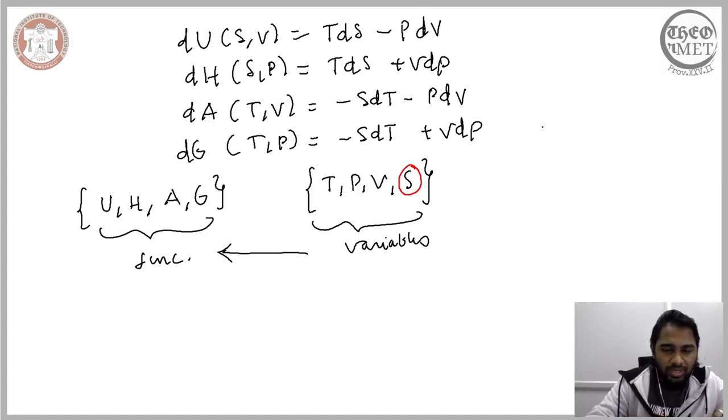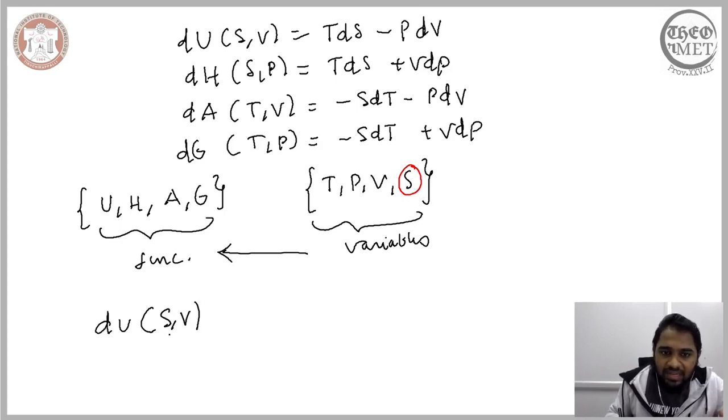In order to do that, let us begin by considering again the thermodynamic function, the easiest one, the first one that we considered, that is the change in the internal energy. The change in the internal energy is dependent on two state variables, entropy and volume.